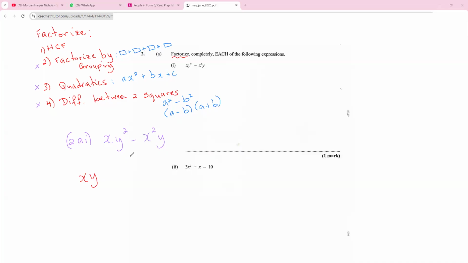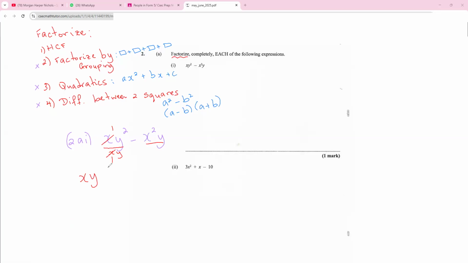Then what we do is we divide each term by what we pulled out. So I'm going to divide xy squared by xy. The x will cancel with the x. For this part, it's like saying y squared is y times y over y. So one of the y's will cancel with one of the y's, and we'll be left with y.